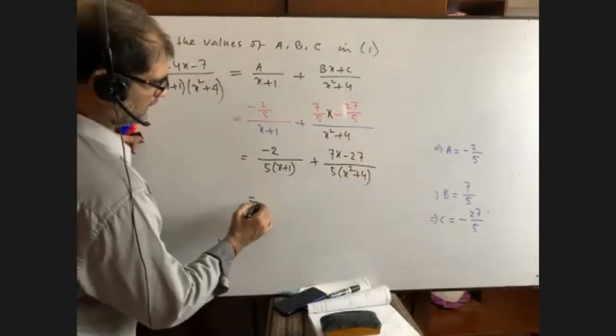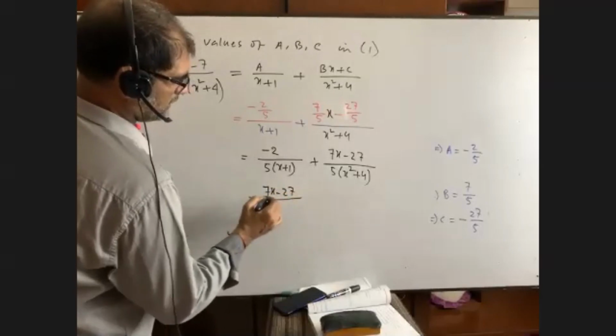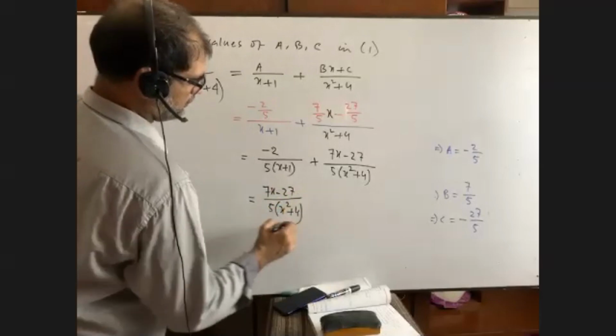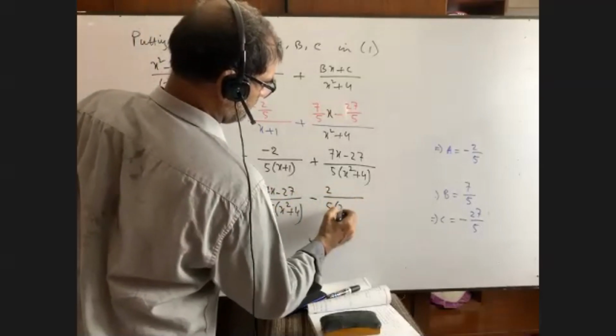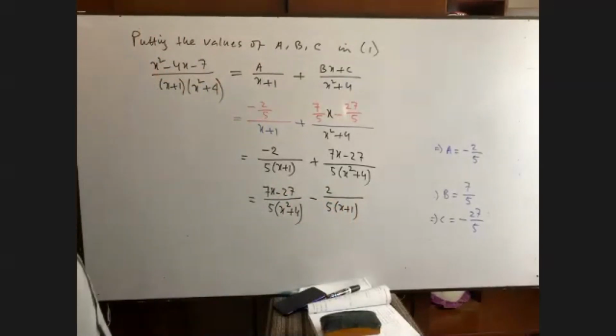Now we can write here (7x - 27) by 5(x² + 4) minus 2 by 5(x + 1). Math is done.